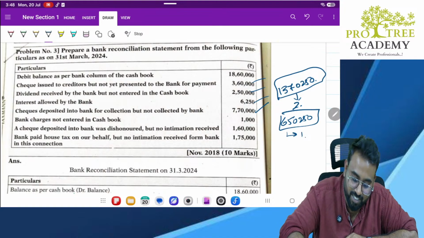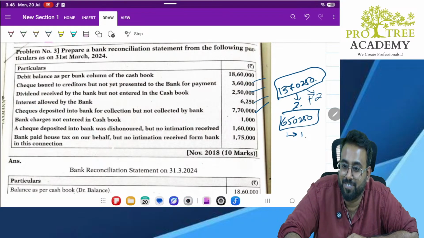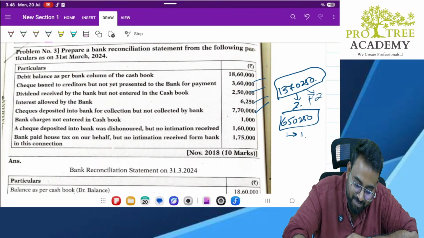13,70,000. 3-4 votes. Huh? Which one? 5.